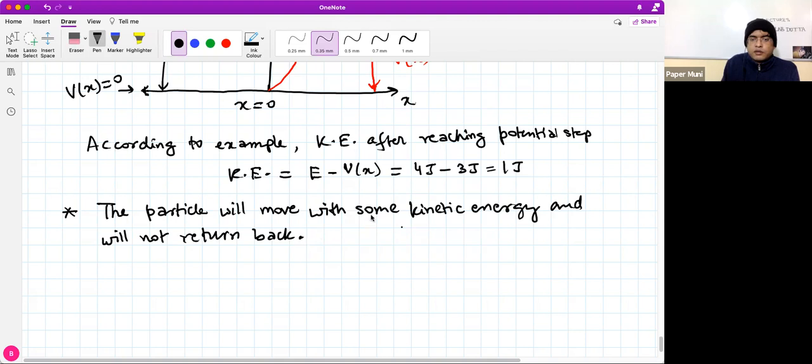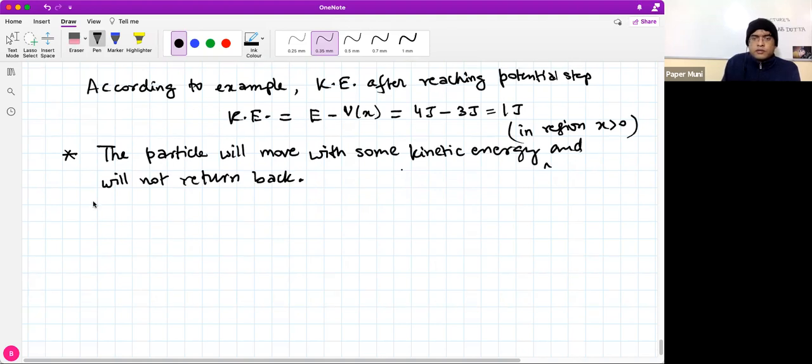Let me write it here. It will not return back to the region x less than 0.